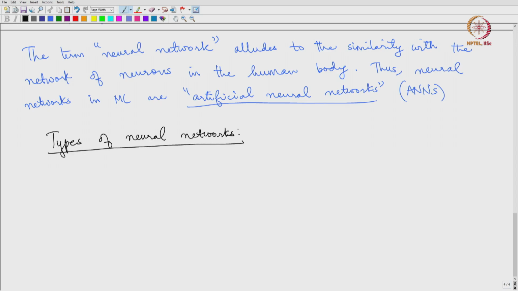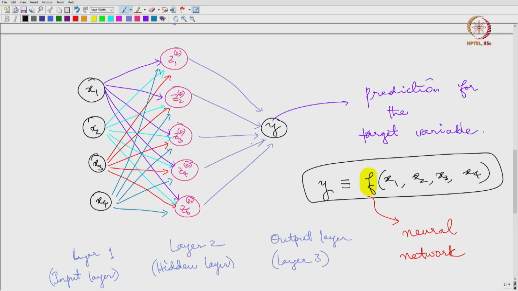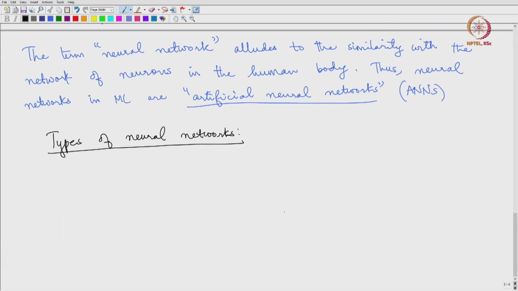The simplest type of a neural network, and this corresponds to what we have drawn here in this particular example, is called a feed forward neural network. So, that is the first type of neural network that we will study. This is a feed forward neural network.